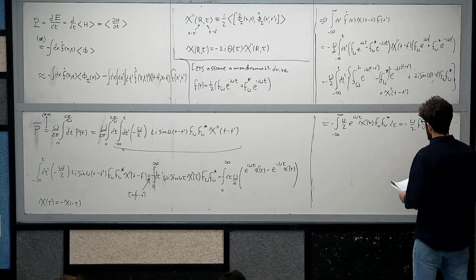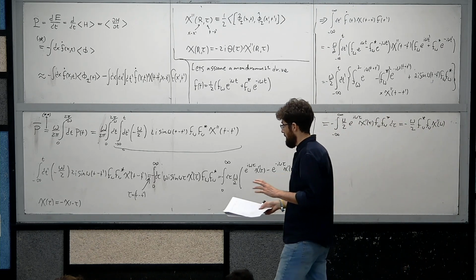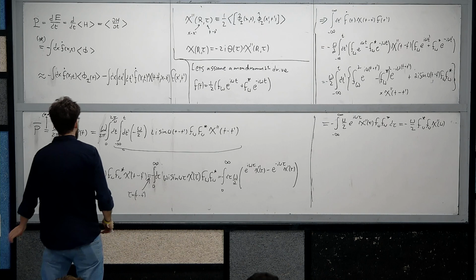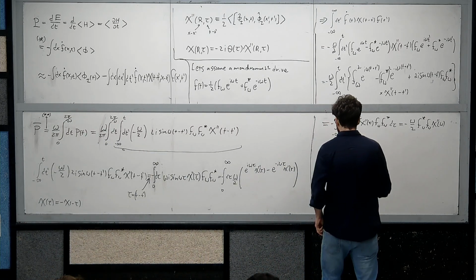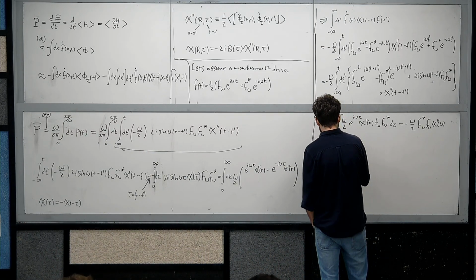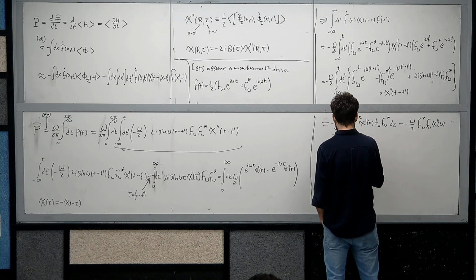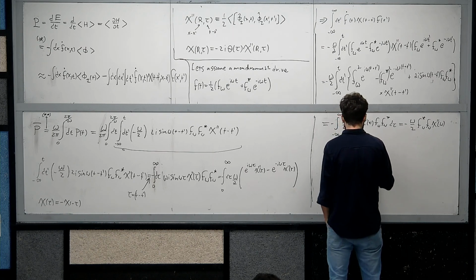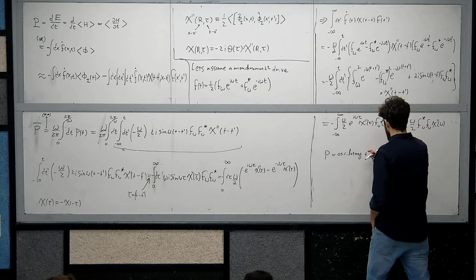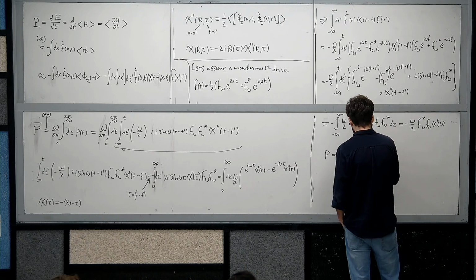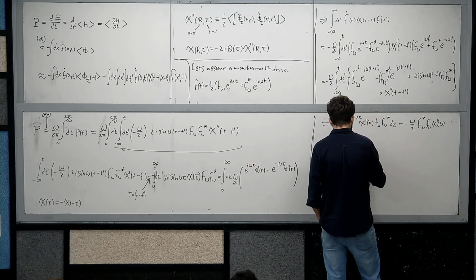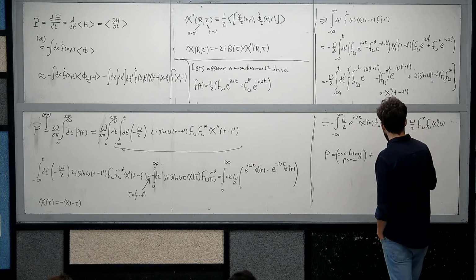So the claim is, okay, so what does this mean? It means that overall I can write that the power has some oscillatory part, which is uninteresting, plus this thing.